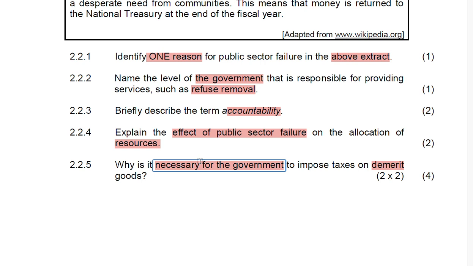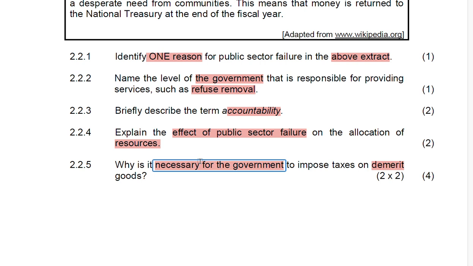So these indirect costs associated with a smoker smoking next to you mean there will be more public service costs in the hospital, because you're going to have to go to the hospital when you get sick. Right. So that is an example of external cost that comes with the consumption of cigarettes by individuals.